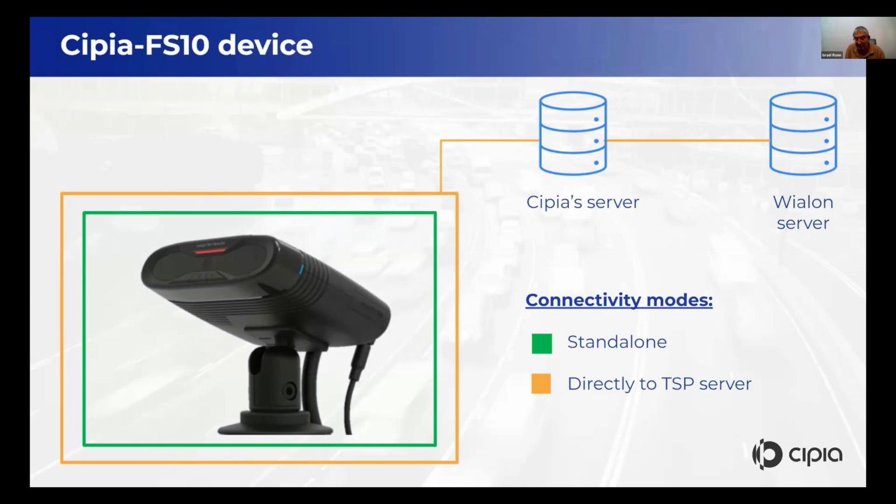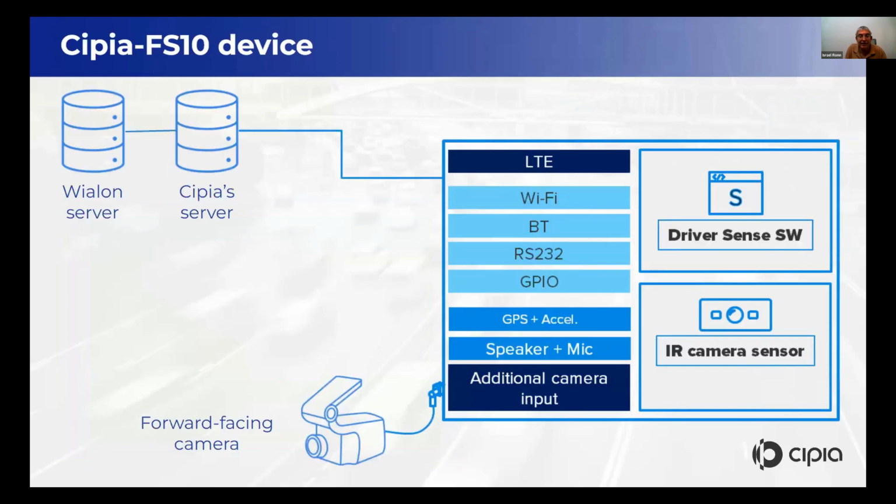This is a case that we'll demonstrate later. If you look a little bit inside, Cipia FS10 is equipped with an LTE modem, LTE Cat4, which allows us to upload videos, images, and of course alerts, but also in-cabin integration of various applications, and there is a large number of such applications.